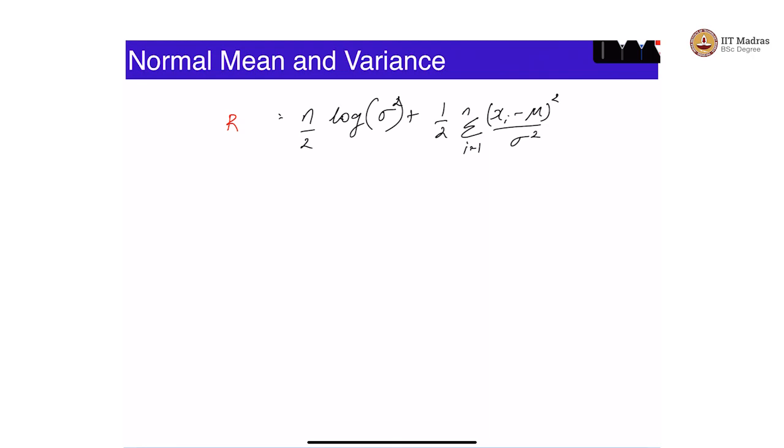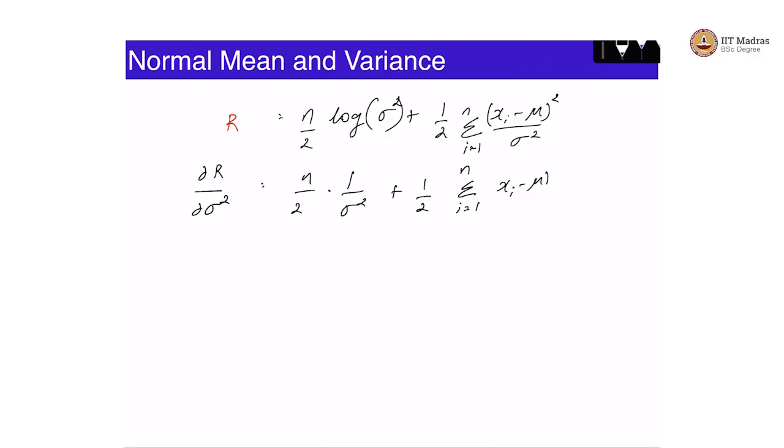Okay. So if we take the derivative with respect to sigma squared, ∂r/∂sigma squared would be equal to n by 2 into 1 by sigma squared plus half sum over i equal to 1 to n (xi minus mu) the whole squared. So this is a constant as far as we are concerned.